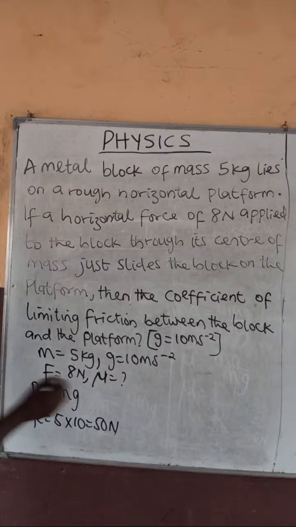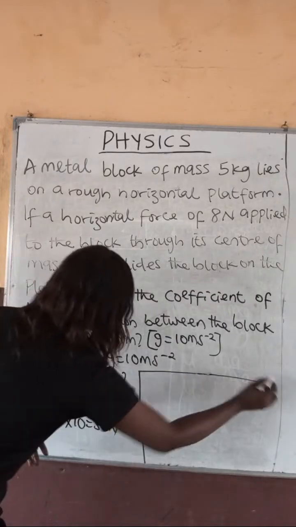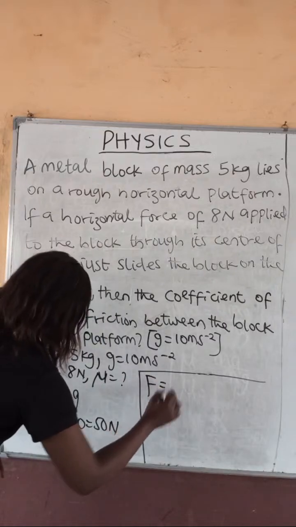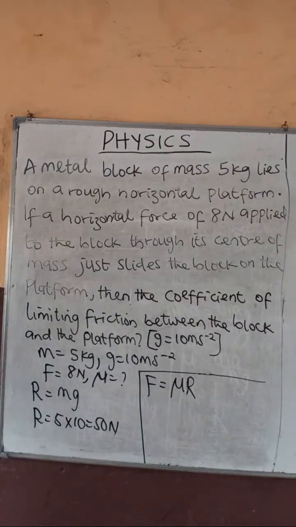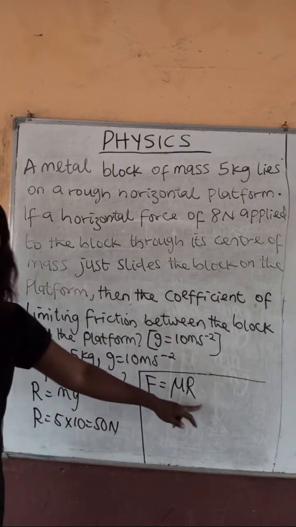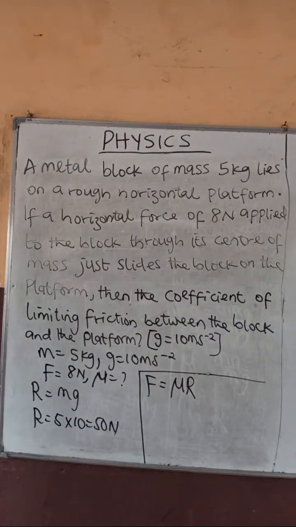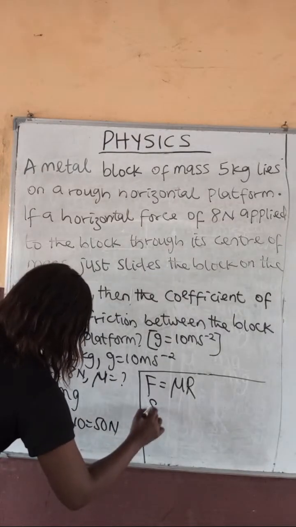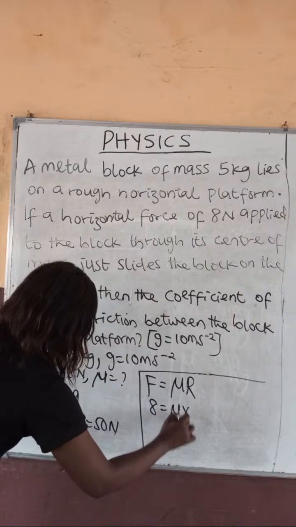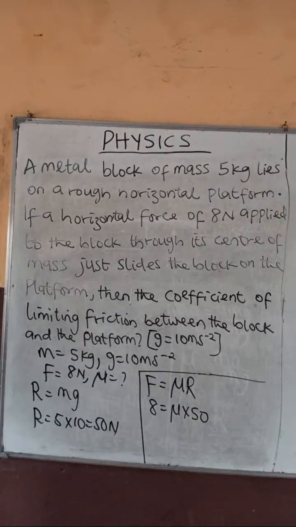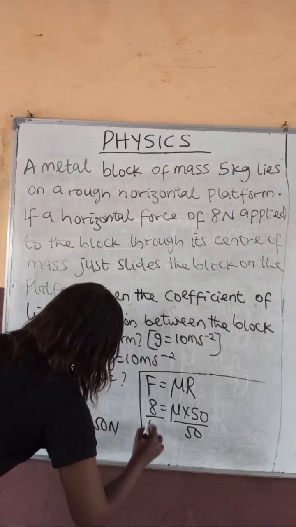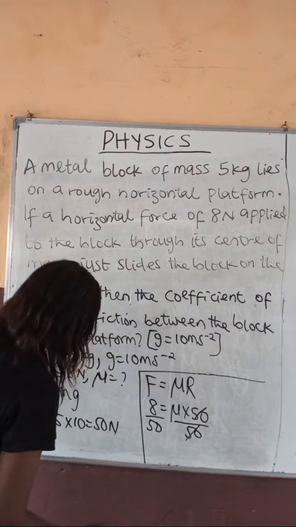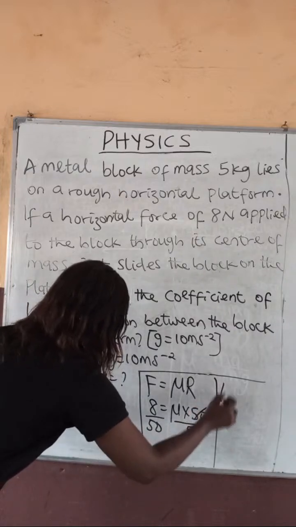So using the formula, frictional force is equal to mu R. My frictional force is 8, my reaction force is 50, and I'm looking for the coefficient. So 8 is equal to mu times 50. Now I divide both sides by 50, then I'm left with mu.